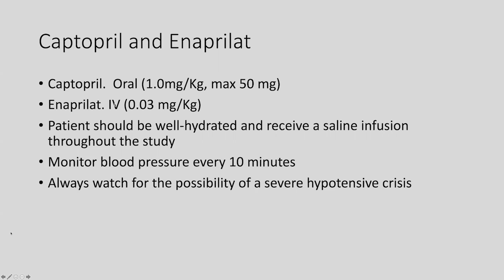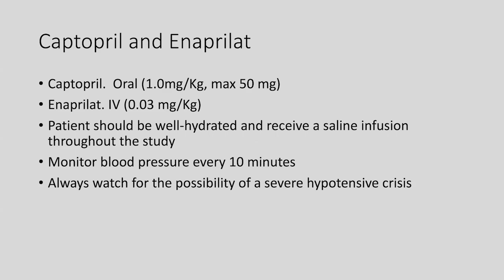And unlike captopril, one has to really watch very carefully about potential hypotensive crisis. And so I would recommend using captopril instead. In both cases, the patient should be well hydrated and receive a saline infusion during the study.